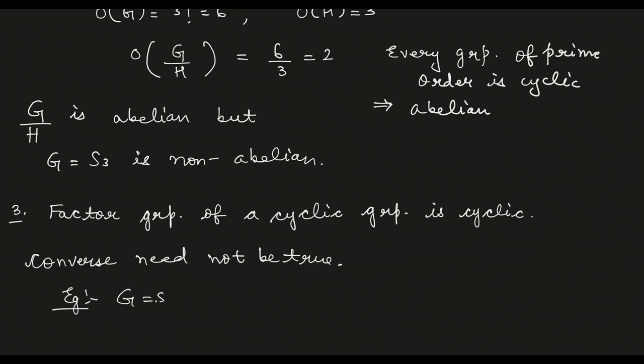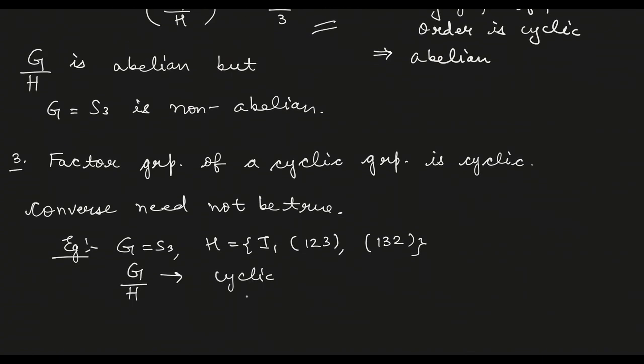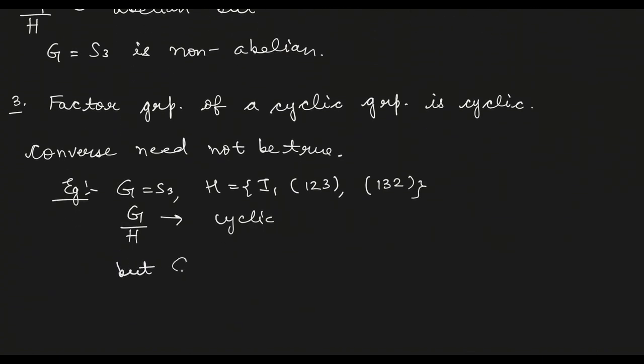G is equal to S3, H is equal to identity, (1 2 3), (1 3 2). So G by H is cyclic because it is of prime order, but this group G is not cyclic. Can you tell me why this group G is not cyclic? It is not abelian also.